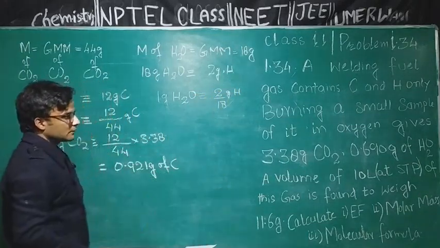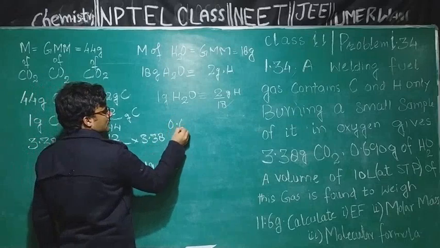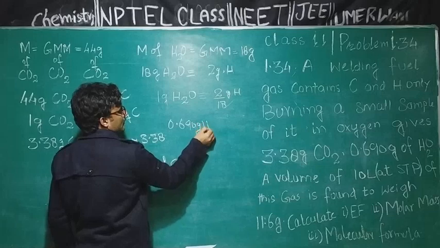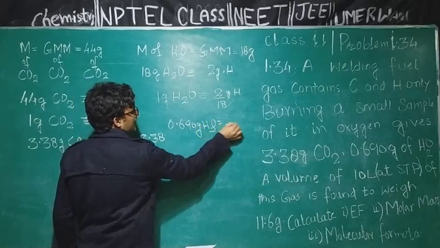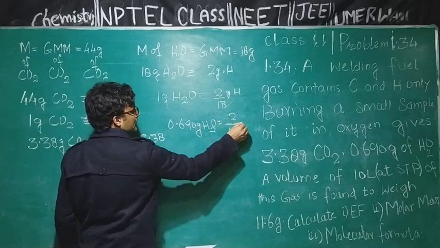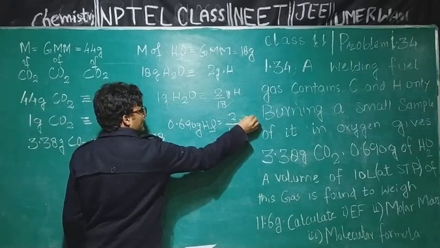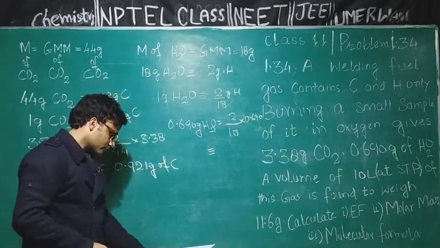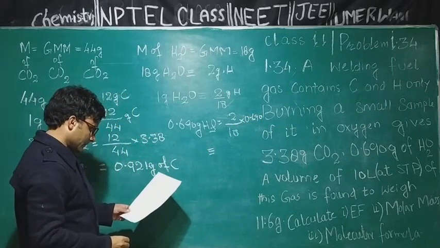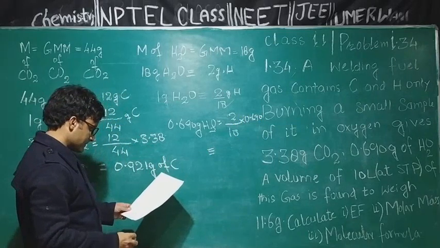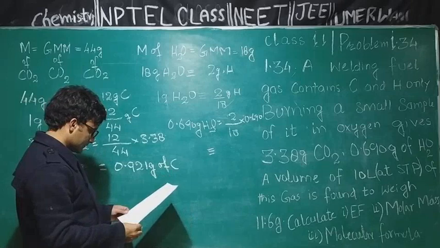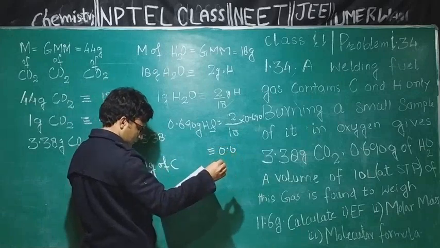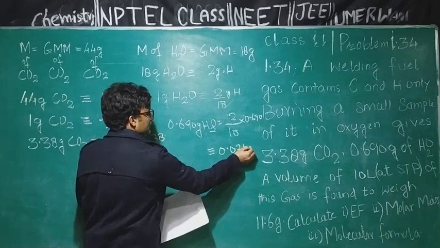Now I will calculate how much hydrogen 0.690 gram of water contains, and it comes equal to 2 by 18 multiplied by 0.690. It is equal to 0.076 grams.